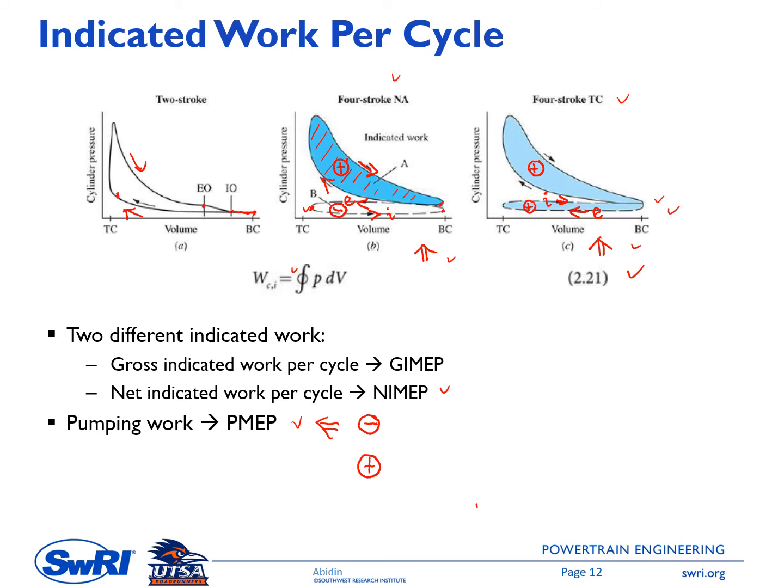And we have a positive pumping work if the engine is equipped with a turbocharger, and the pumping work will be transferred, okay, from the gas to the piston. So this is an additional work besides the work during the compression and expansion strokes.